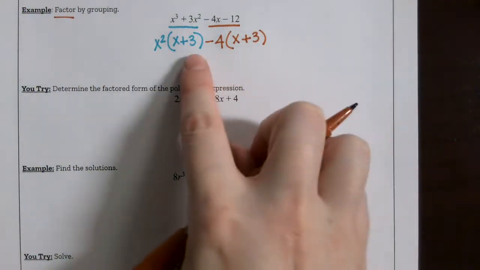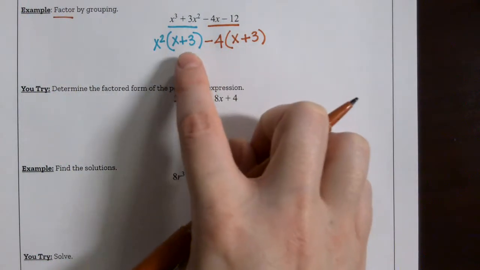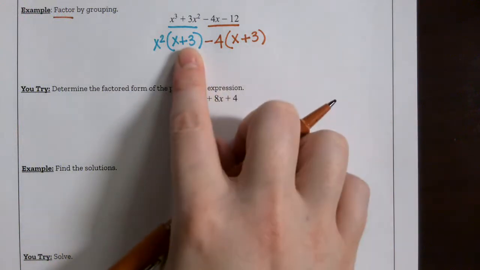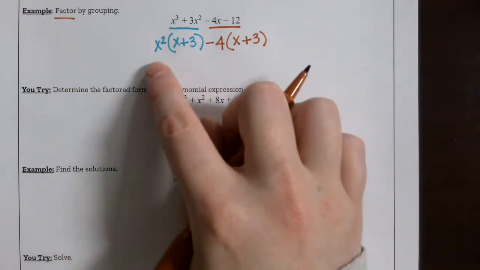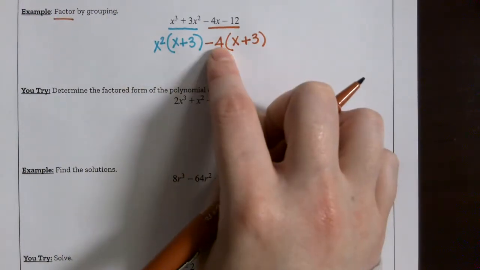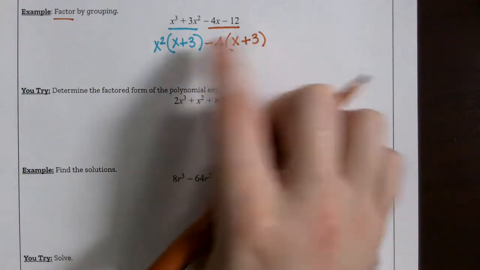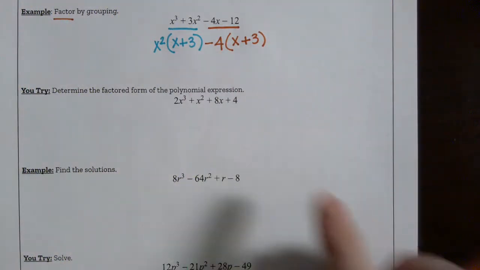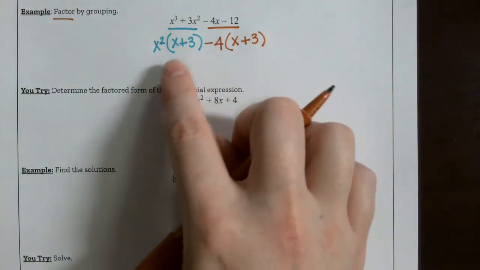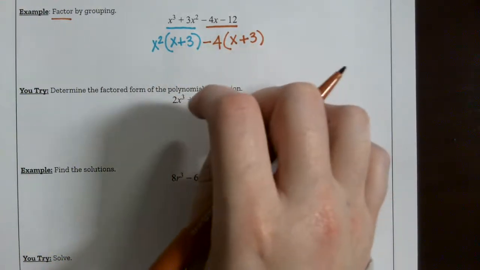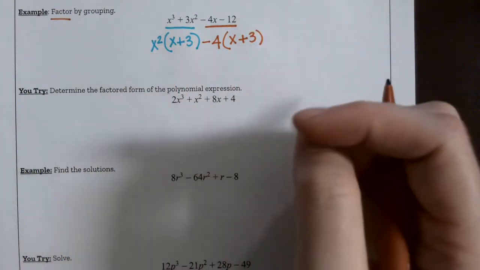Now, inside the parentheses, those should match. If they don't, you have made a mistake with your factoring by grouping. So double check what you pulled out for your GCF each time, because these should match. And so those are actually our factors. This is one of them, the one that matches, and then this one is the other one.